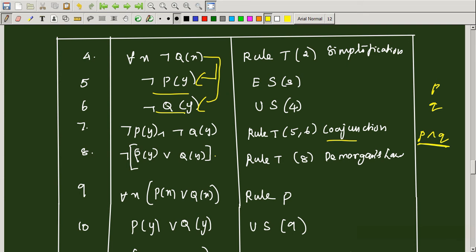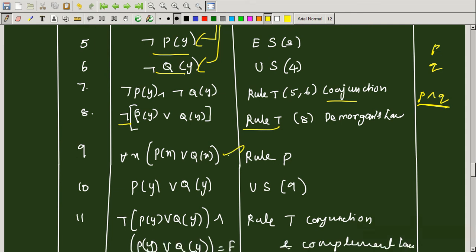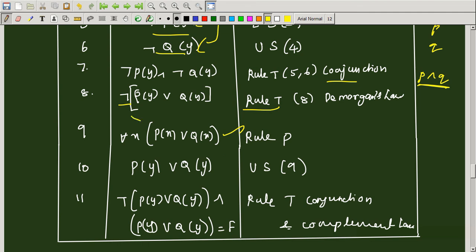Then you are taking the negation out. If you take the negation out, this is called rule T for De Morgan's law. Then generally I'm going to introduce the other premise, the first premise in the question, and this is your universal generalization. From this, you have to do universal specification.